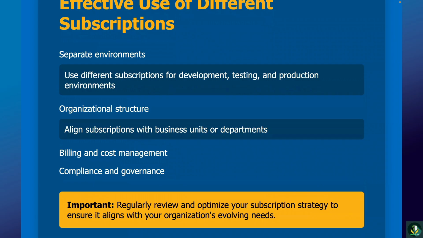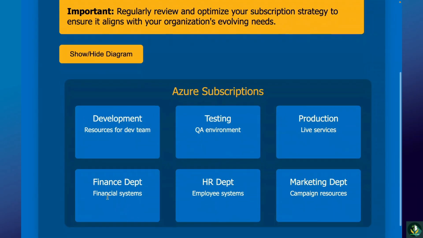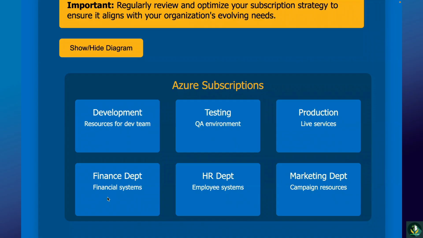Another effective use of multiple subscriptions is to align them with organizational structure. This might involve creating separate subscriptions for different departments or business units. For instance, the finance department. I've got a diagram here. Let's take a look at how you can organize your Azure subscriptions.